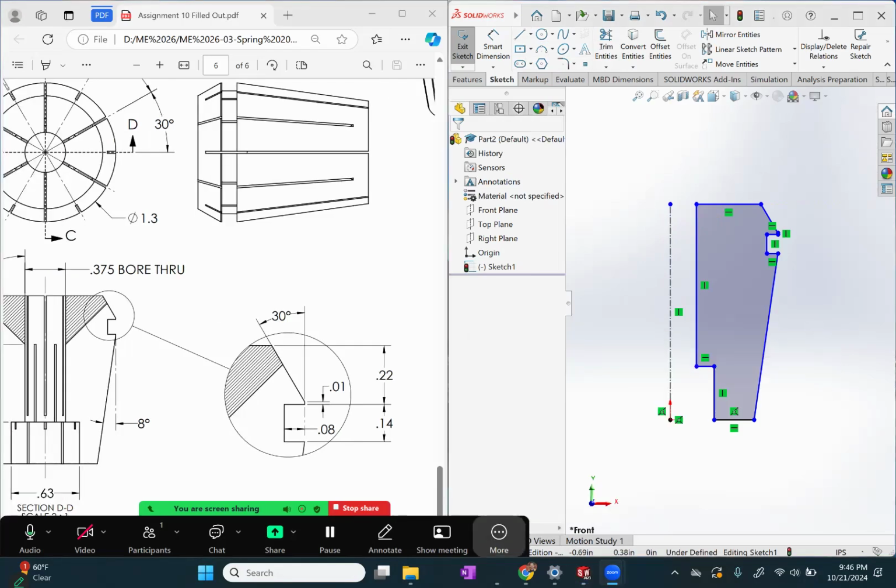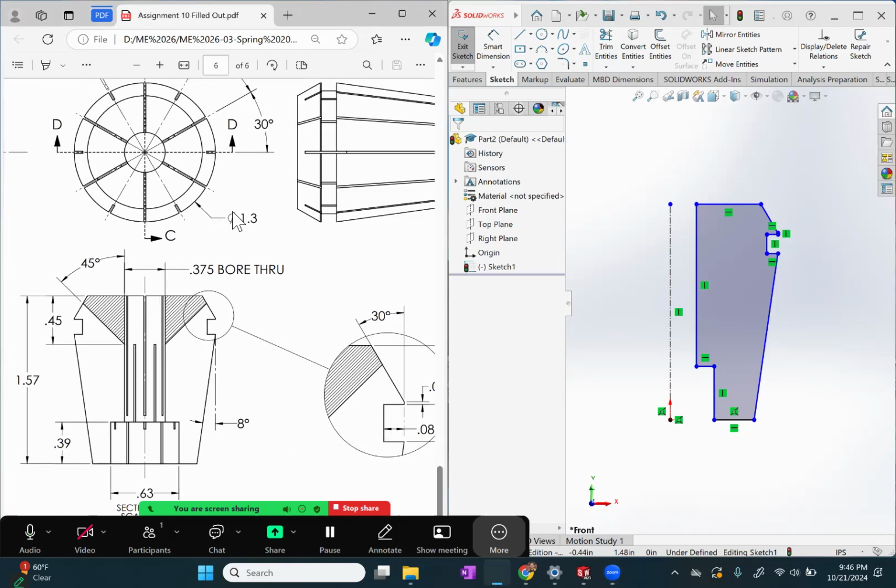By looking at our sketch here, I don't like how this line doesn't seem proportionally correct to me, and this one doesn't either. And now that I'm looking at it, I took this dimension to find the distance for this line, but that was incorrect.